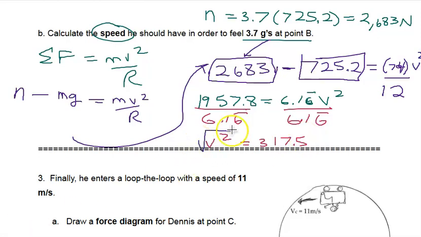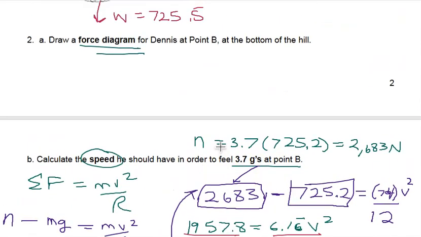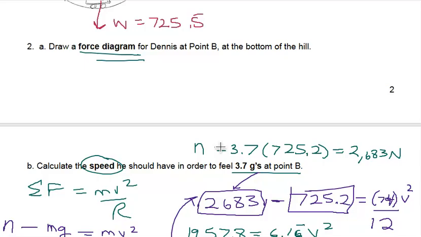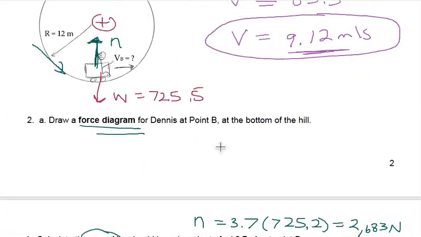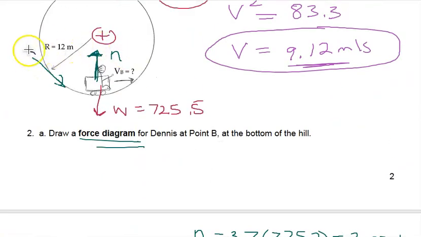Then take the square root of both sides, and you get v equals 17.8 meters per second. So to feel almost 4 times his weight, he's got to go 17.8 meters per second. That's how fast he has to slam himself into the track to create a very large normal.